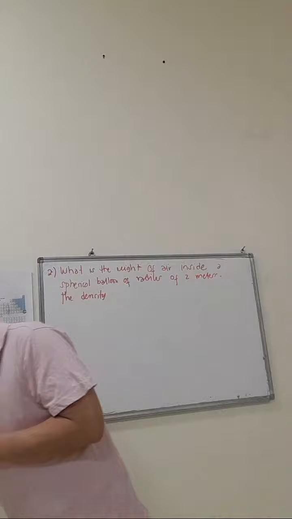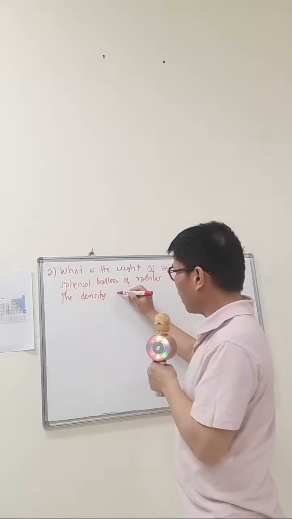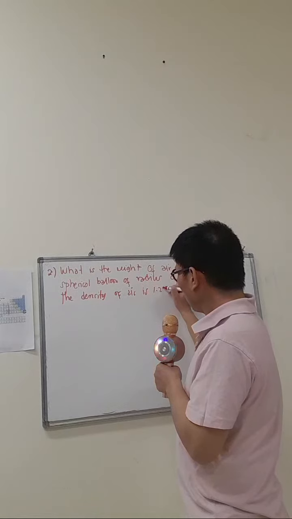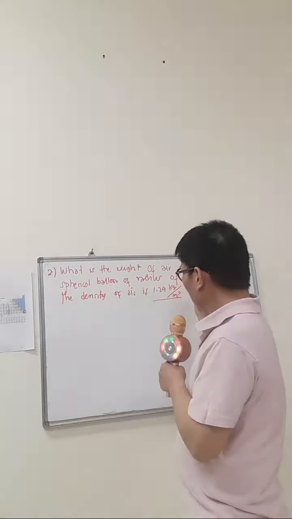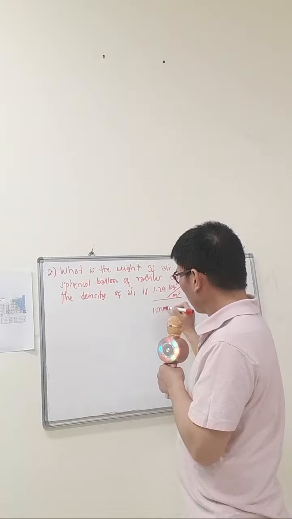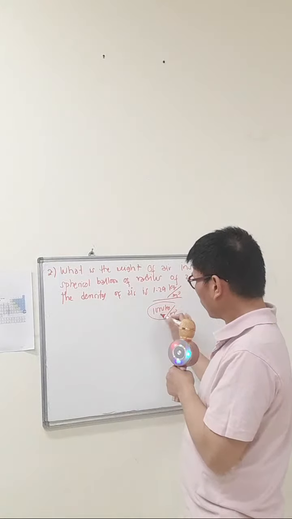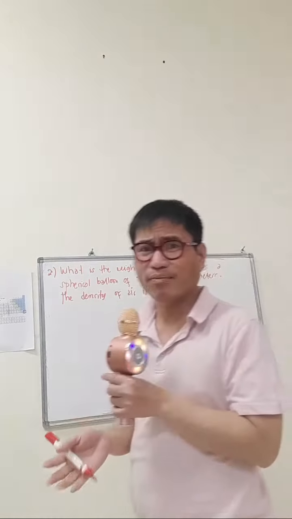Like this, the density of air is 1.29 kilogram per cubic meter. I think this is wrong because water already has 1,000 kilogram per cubic meter. If you take the ratio of 1,000 to 1.10, it's very far, right?